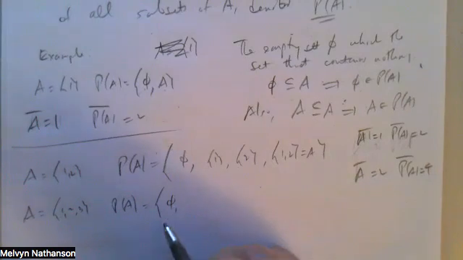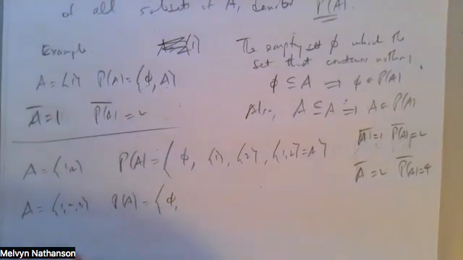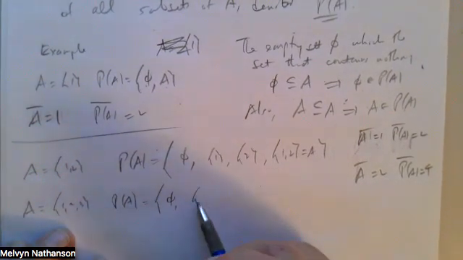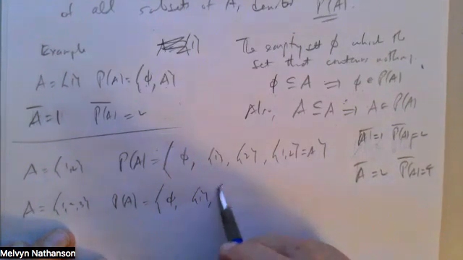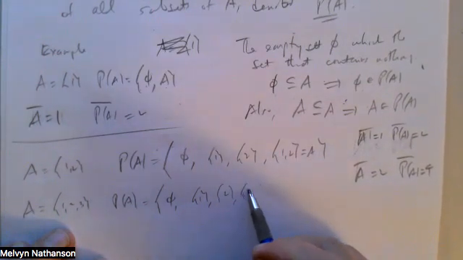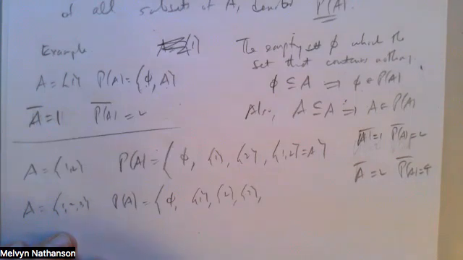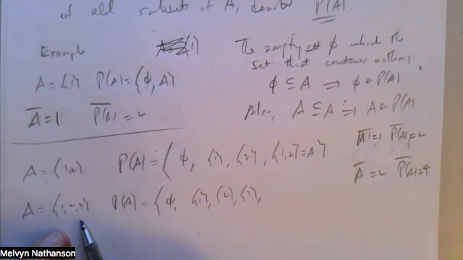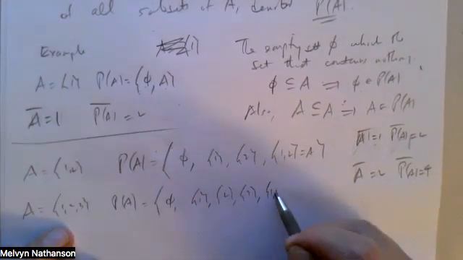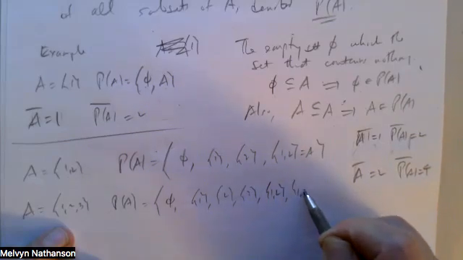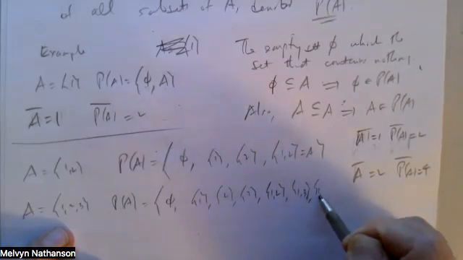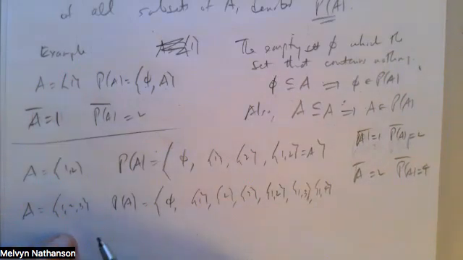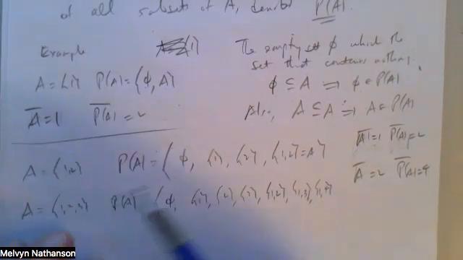We have the empty set. We have all the sets that contain just one element. So the set containing just 1, the set containing just 2, the set containing just 3. Then we have all the sets containing 2 elements: 1 and 2, 1 and 3, 2 and 3, and then the sets containing 3 elements, which is just the whole set.